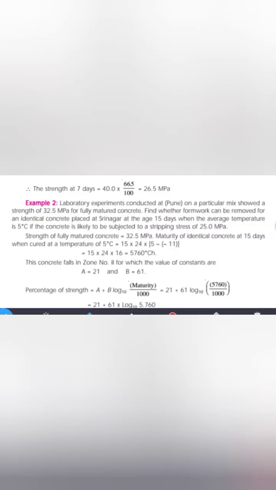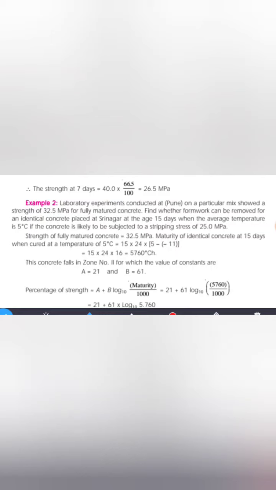Let us see the next problem. Here, a laboratory experiment conducted at site, at Pune, on a particular mix showed a strength of 32.5 MPa for fully matured concrete.